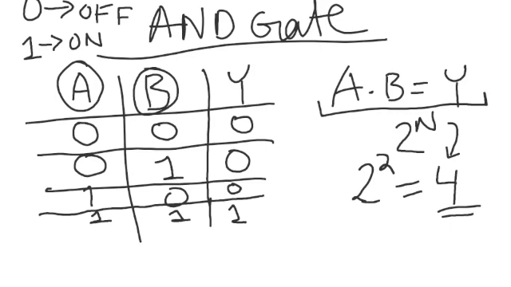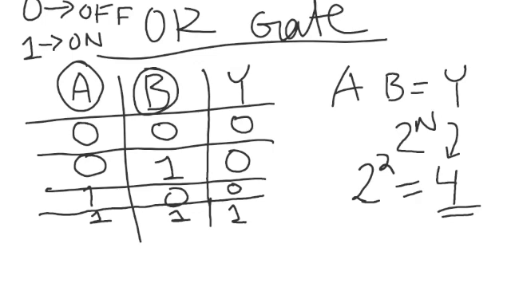Let's do the OR gate. For the OR gate, the table is going to be the same, 4 rows. The equation is slightly different, which is A plus B. For the OR gate, the output is on when at least one input is on.